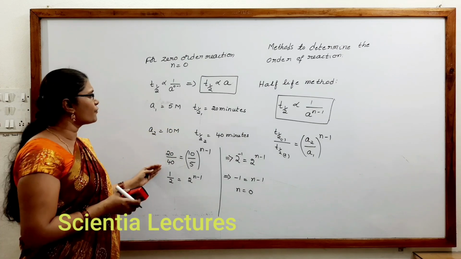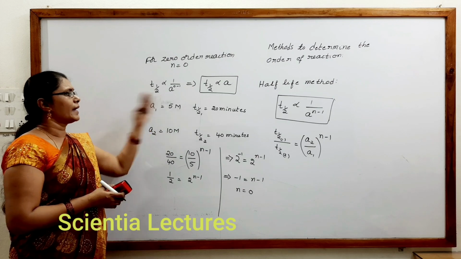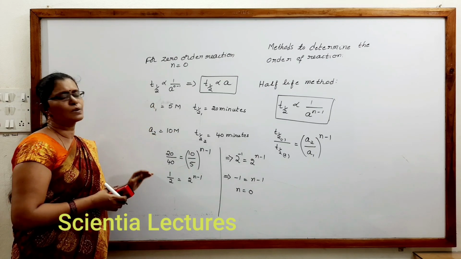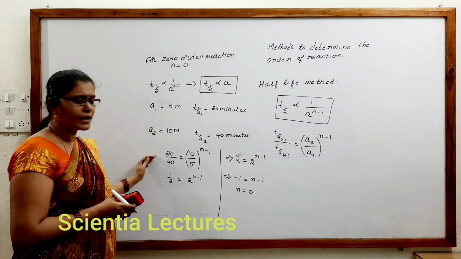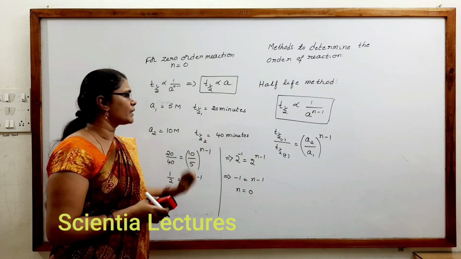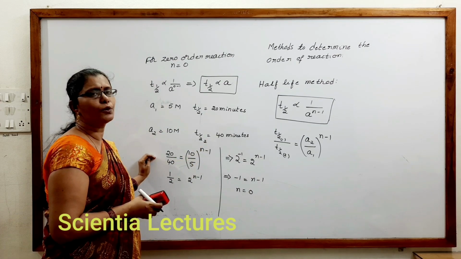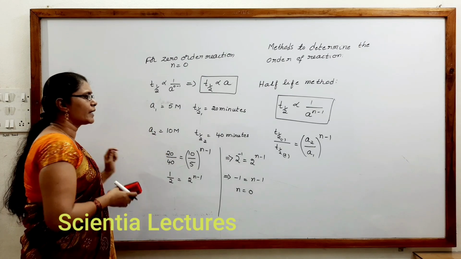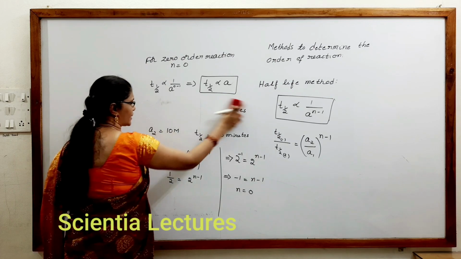Then what is the order of reaction? Logically, it is directly proportional. When concentration is increased, T half is also increased, so directly you can say that. Or else you can solve the problem: T half 1 by T half 2 equals A2 by A1 to the power of n minus 1. If you take that, you will get the order of reaction.